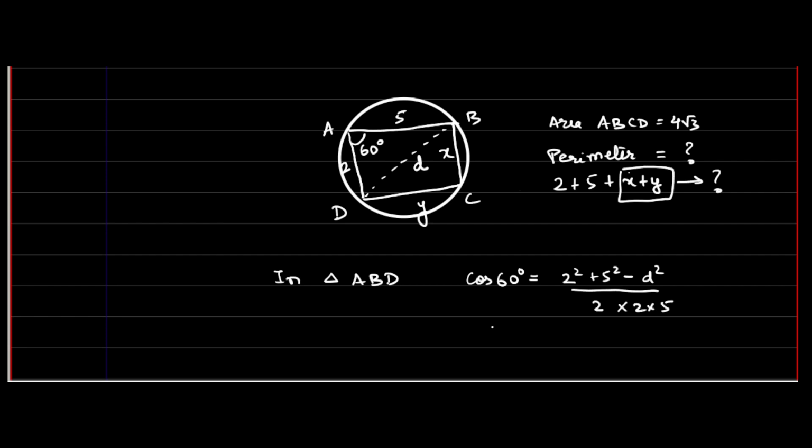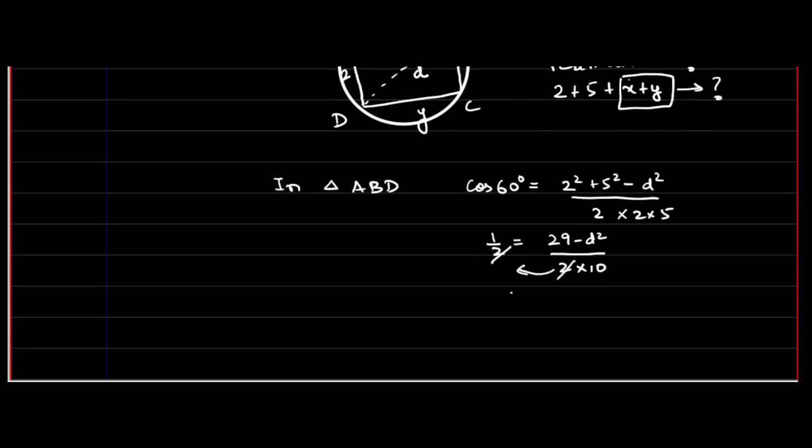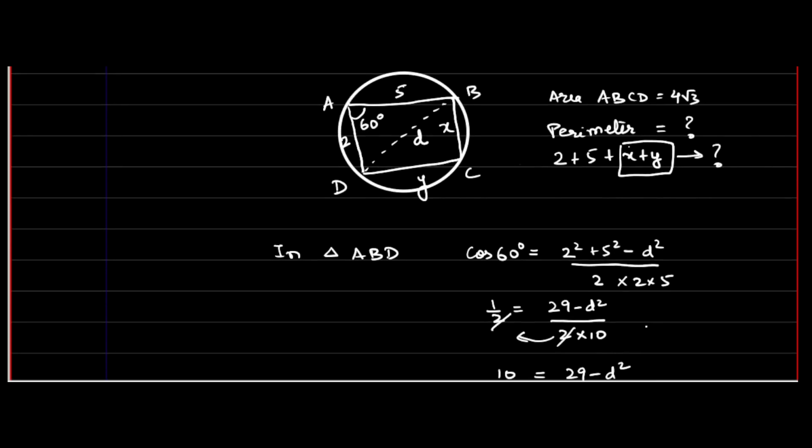Cos 60 is half. So RHS becomes 4 plus 25 is 29 minus d square upon 2 into 10. The 2 gets cancelled out, and if we take this 10 to LHS, this becomes 10 equal to 29 minus d square. So d square is equal to 29 minus 10, that is 19. So we have derived this length BD, which we have called d.